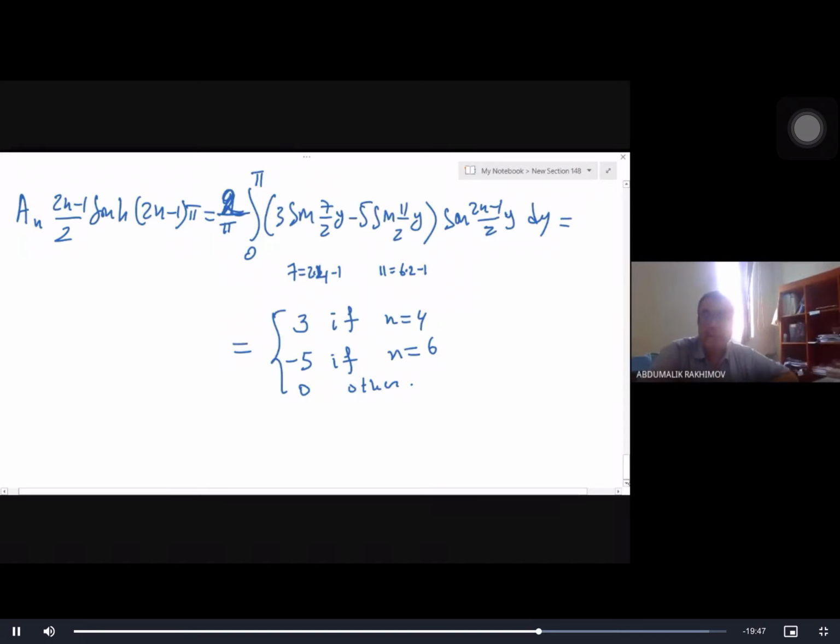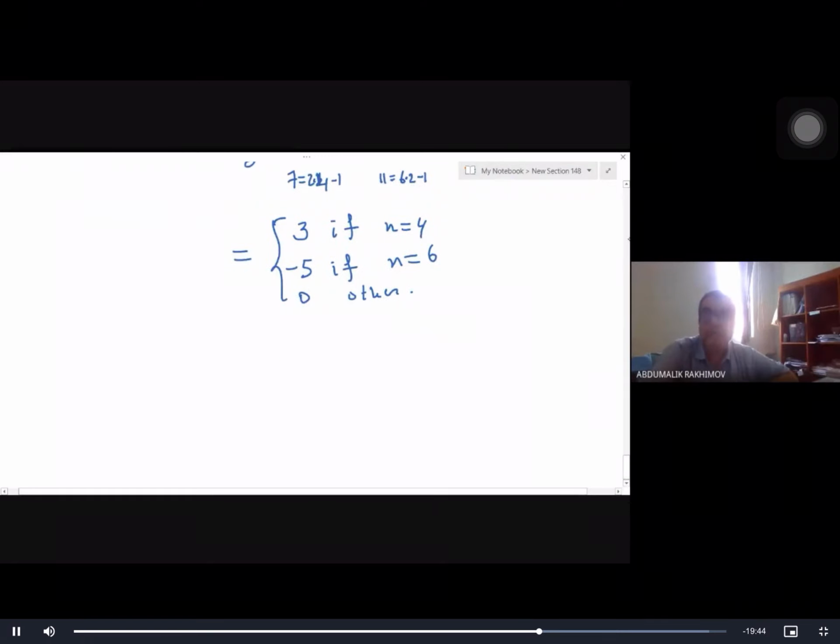So then I will write this equation for both.